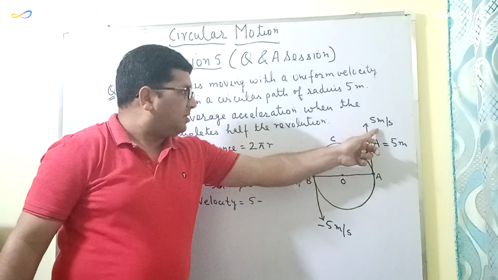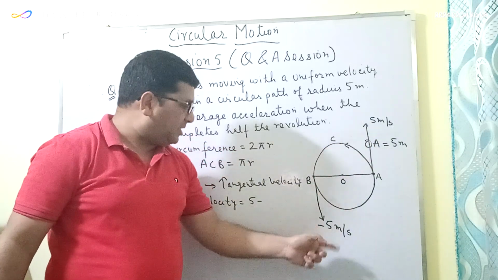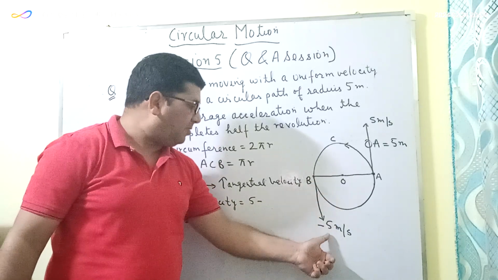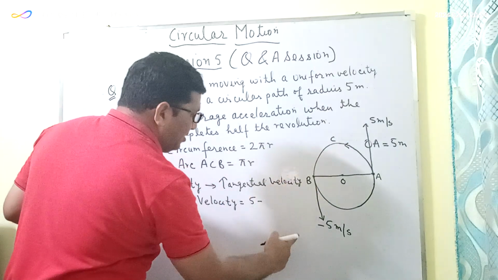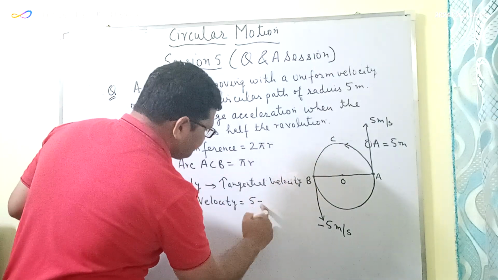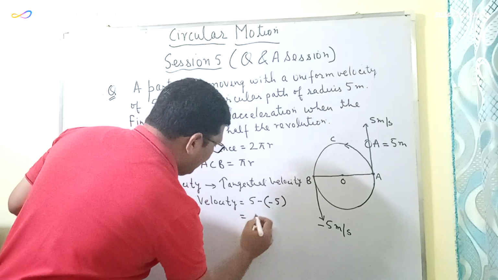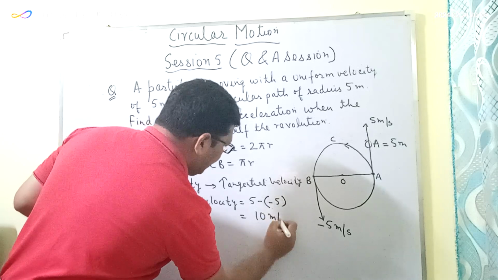So if this velocity component is taken as positive, then the velocity component when this particle reaches point B will be taken as negative. So the change in velocity will be 5 minus (minus 5), which is equal to 10 meter per second.